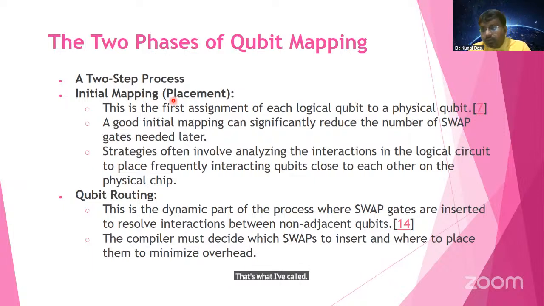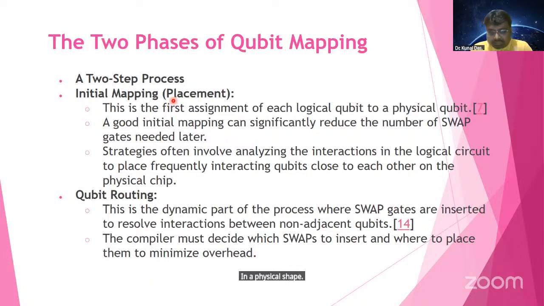That gate will be required later on, definitely. The strategy often involves analyzing the interactions in the logical circuit to place the frequently interacting qubits close to each other on the physical chip.